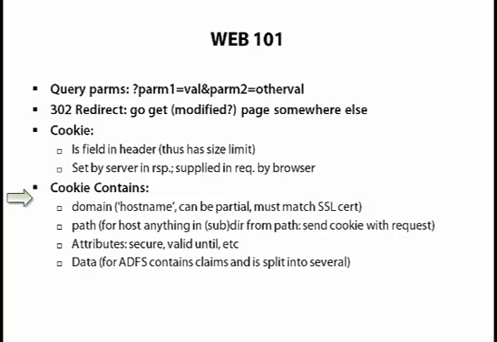There are a little bit extra things in a cookie attribute: secure, valid until, etc. And one of these things is secure. If a cookie is marked as secure, it will not be sent over an HTTP session. That's why HTTPS is required for ADFS.